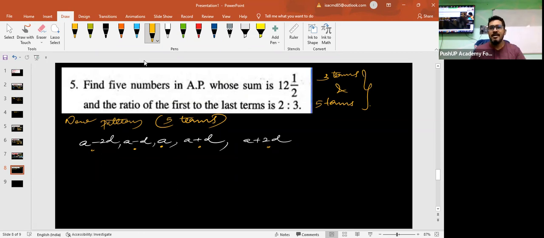The same is applicable for the pattern of 4 terms and the pattern of 6 terms, which I'll let you know while solving a sum of that type. So 4 terms and 6 terms are connected to each other: the 6 terms pattern is a continuation of the 4 terms pattern. Just note it down in your book.